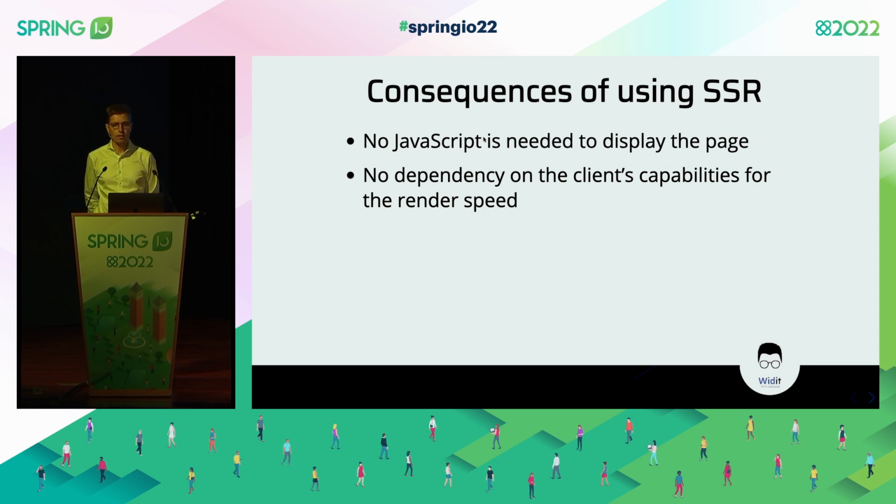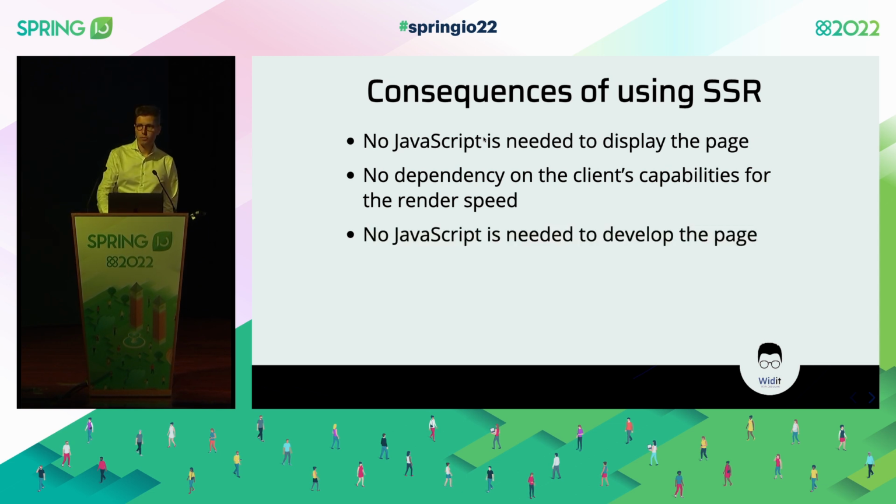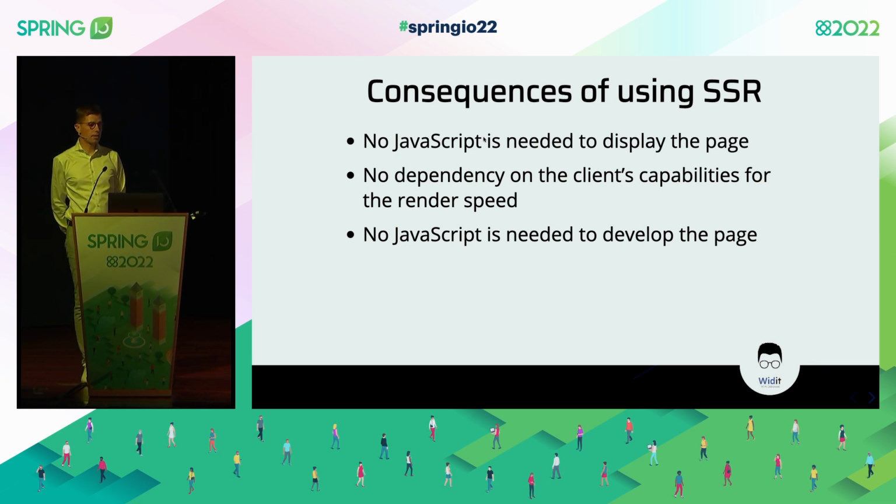If you have lots of JavaScript that needs to run on a low-powered device, the speed of your application might be impacted. Also, you don't need JavaScript to develop the page. Of course, you can use TypeScript with SPAs, but with server-side rendering, you can really choose whatever technology that can render HTML. That's all you need.